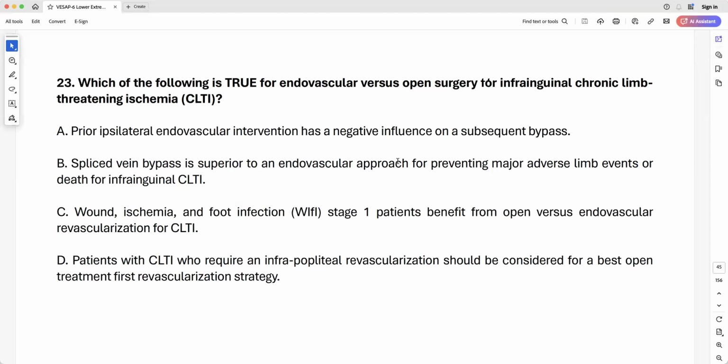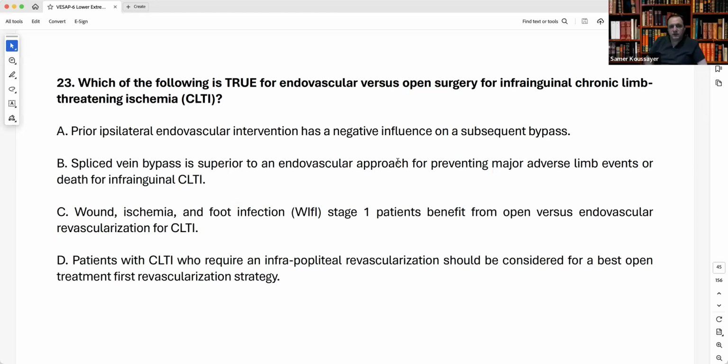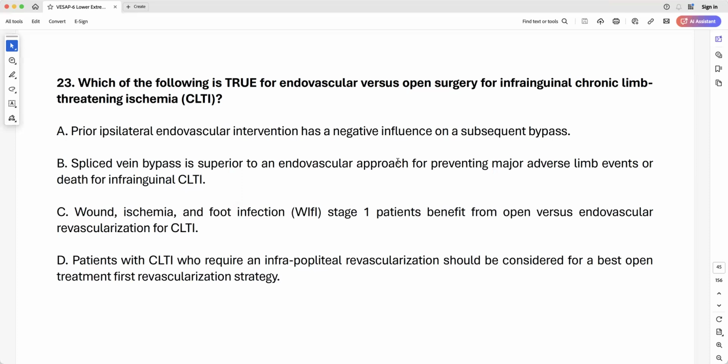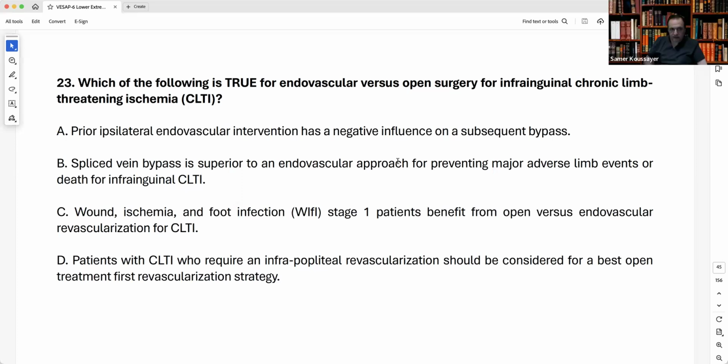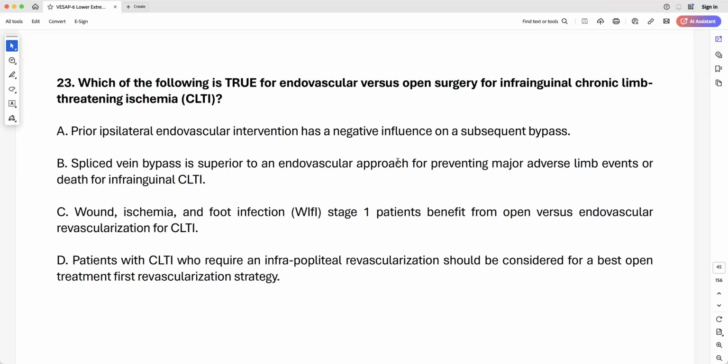D. Patients with CLTI who require an infrapopliteal revascularization should be considered for BEST-CLI open treatment first revascularization strategy. What do you think? This one goes with Basel 2.